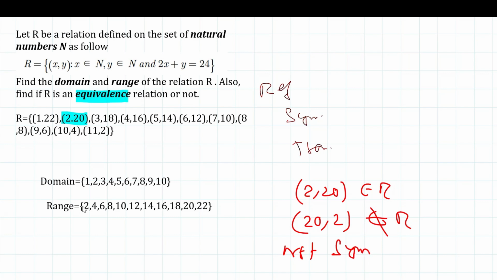And since it is not symmetric, it will not be an equivalence, because for a relation to be an equivalence, it has to be reflexive, symmetric, as well as transitive. If any of these, either reflexive, symmetric, or transitive, is not satisfied, then we say that it is not an equivalence relation. And for that, we just need to give one example. It's not that we have to show that it is not reflexive, not symmetric, as well as not transitive.